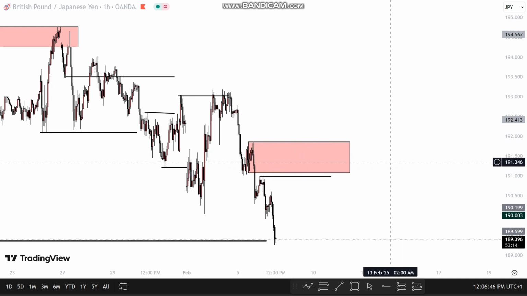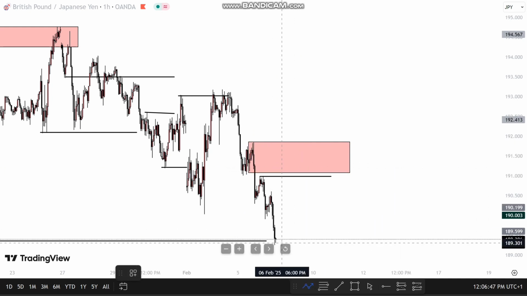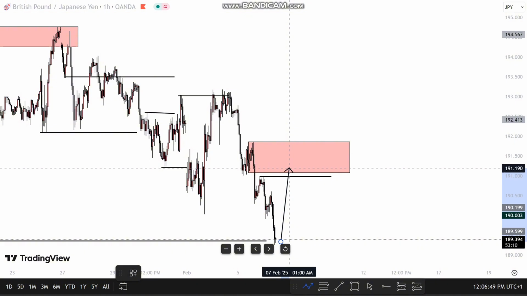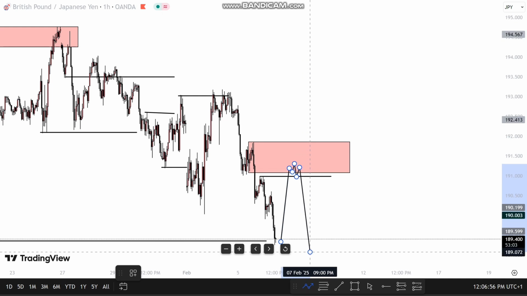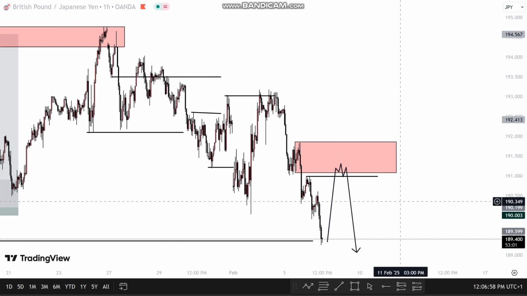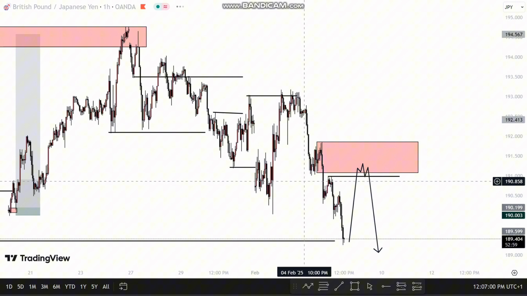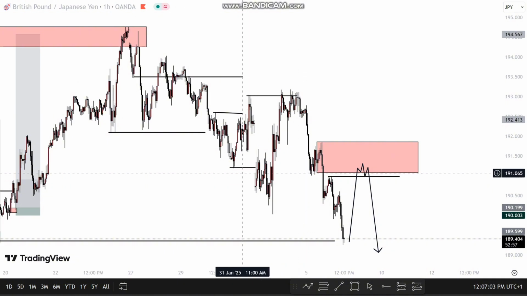So I would like for price to take out this high on the 15 minutes or 5 minutes. If I get any change of character, I'm going to short this market with no doubt, and 1% risk as usual. And guys, this is just it on GJ, and see you guys next week.